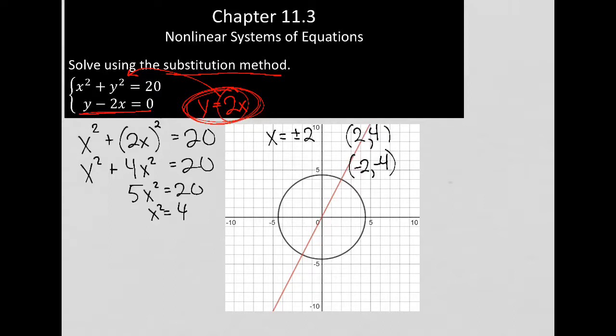And let's look here, 2, 4 is right there, one of my solutions, and negative 2, negative 4 is my other solution. And so that line went right through the origin and hit the circle in 2 spots, and it hit it at exactly those 2 spots. So this is one that graphing would have gotten us to an answer. Notice though that the radius squared would not have been very pretty. And so solving by substitution was definitely the best way to go about doing this one.